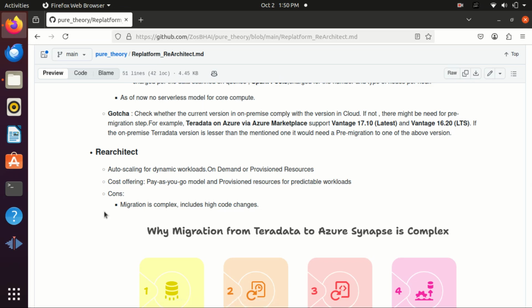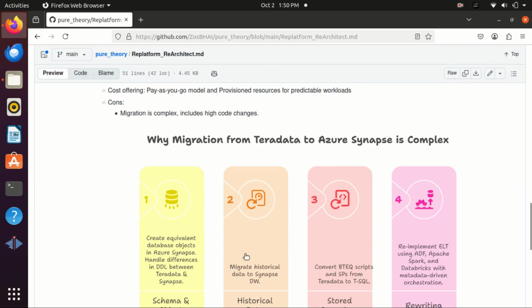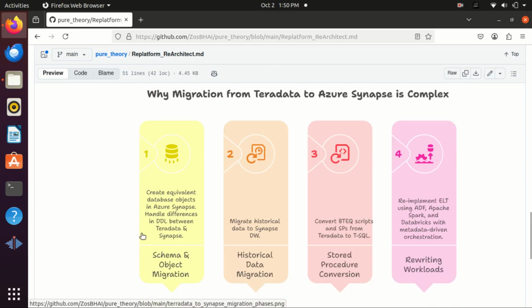Let's take the Teradata to Azure Synapse example to see why. First, you need to convert the Teradata objects to the Synapse equivalent. This means converting the Teradata data types correctly and applying the right indexing strategy.